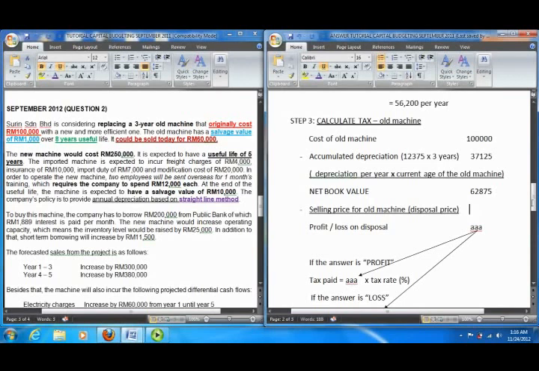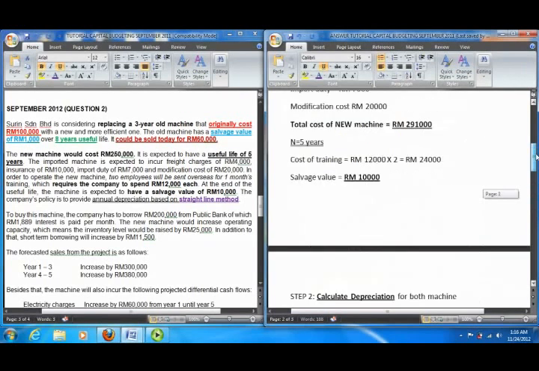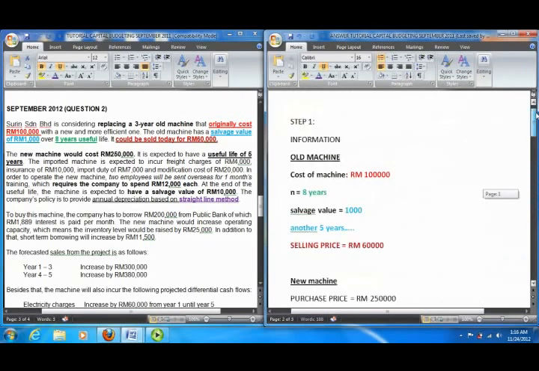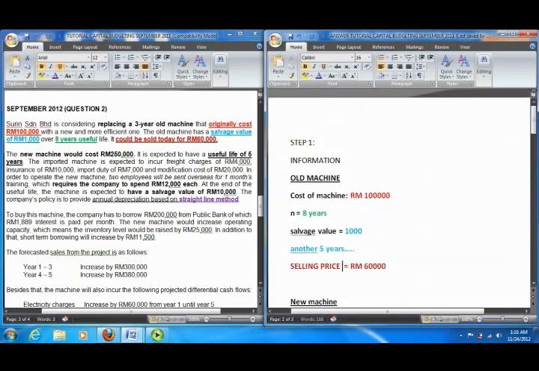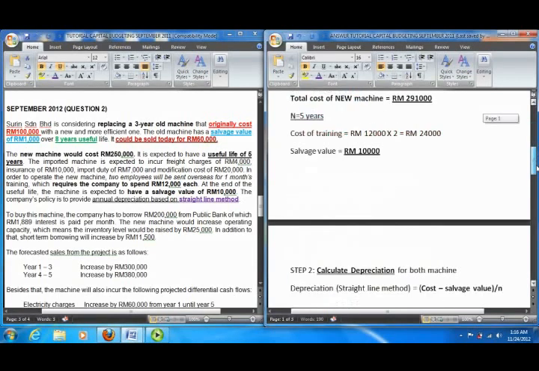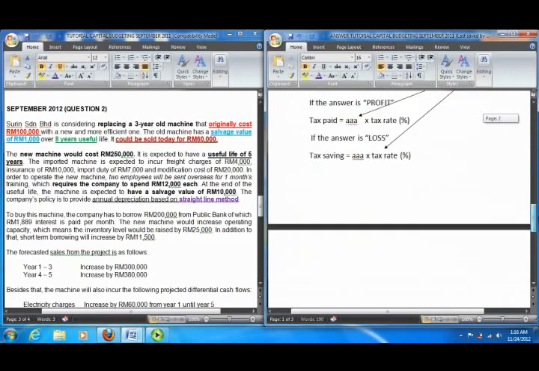Alright, class, in your step 1 information, as you can see, what is your selling price or considered as your disposal price? It is 60,000.